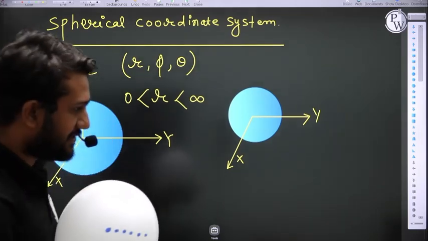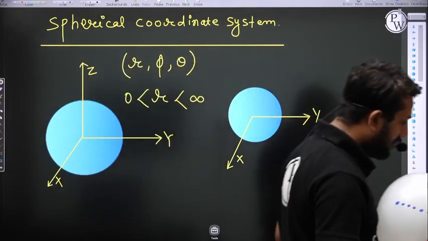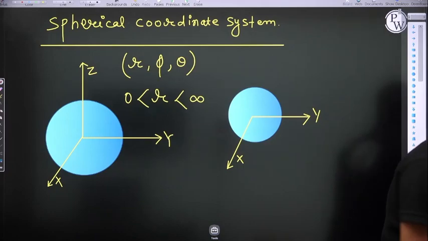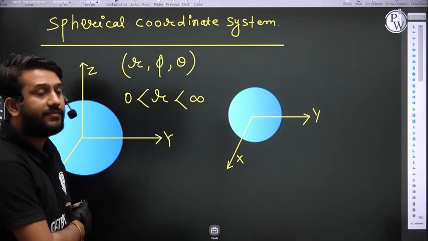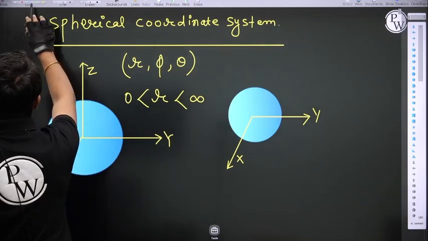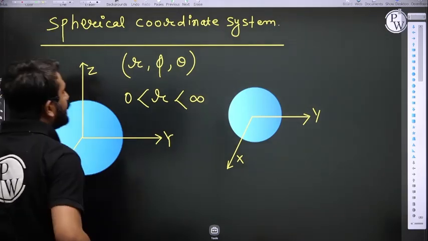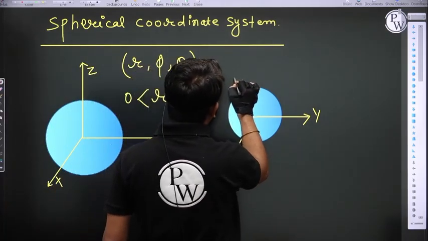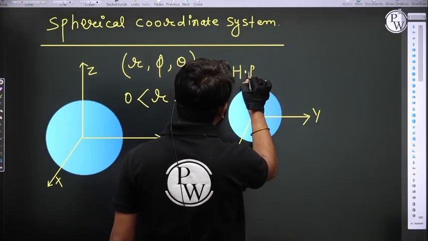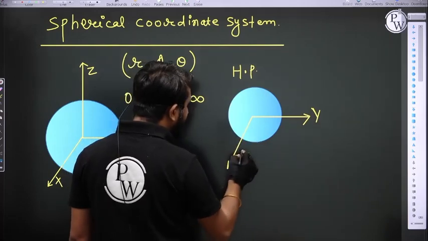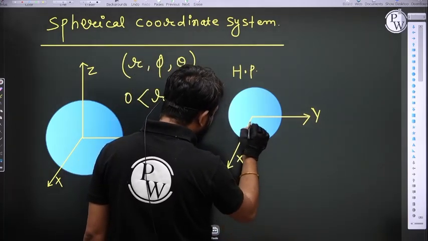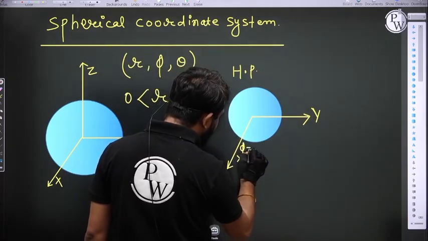So for this, I define a parameter which is phi. Right? So this is the circle of the horizontal plane, and this is the xy plane. So phi is 0 at the x-axis.